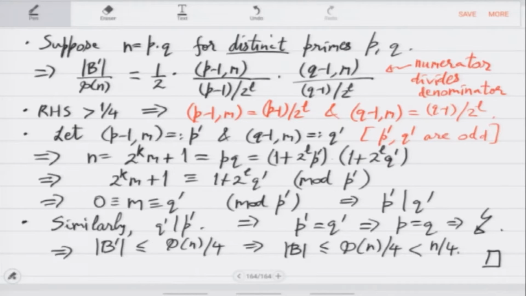So these bad A's, which will fool the algorithm on a composite n to output prime, are less than 1/4. So the error probability is less than 1/4. That is what we have shown.